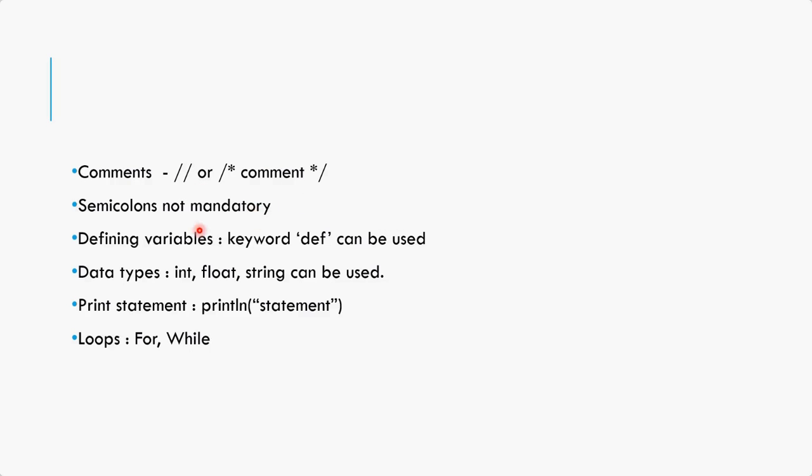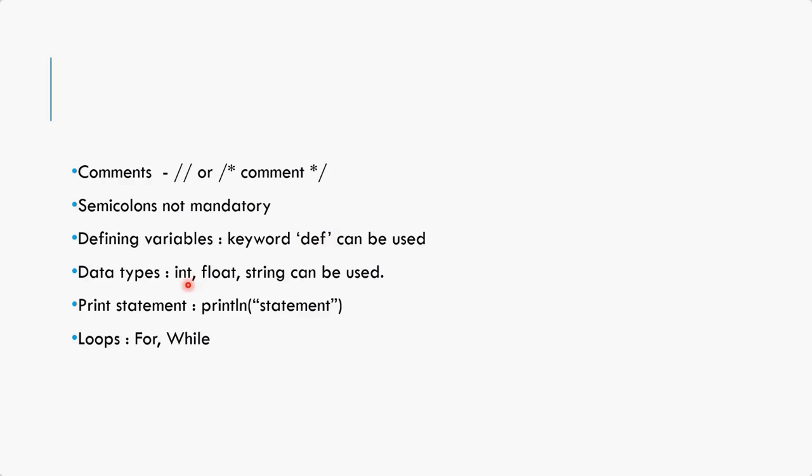Another feature, or one more addition, is that the def keyword can be used. Let's say you do not know the data type of some object that you are going to receive. You can simply use def, and then automatically a variable will be created. We will see this during our code's execution.